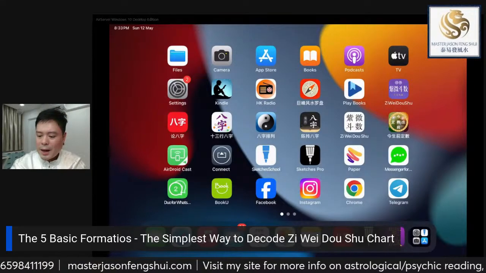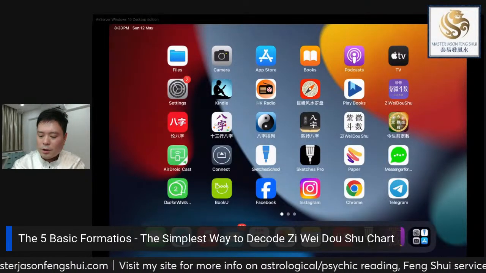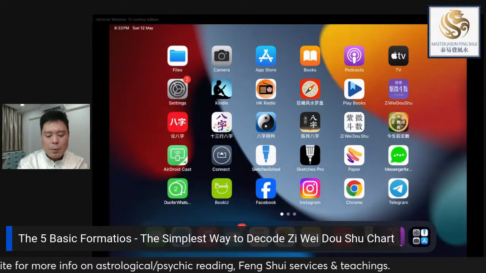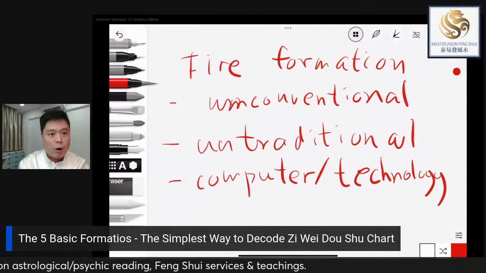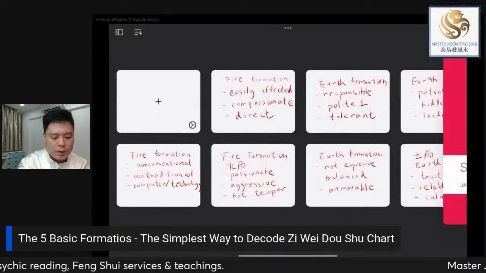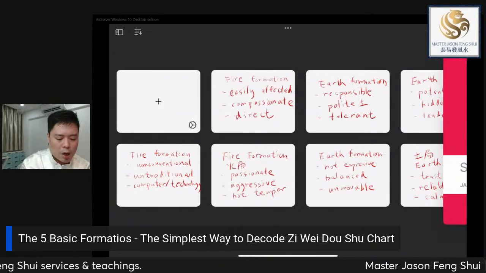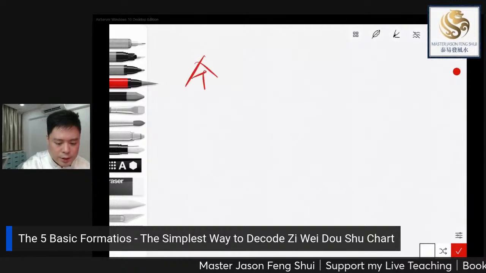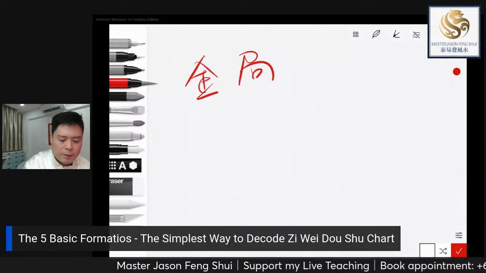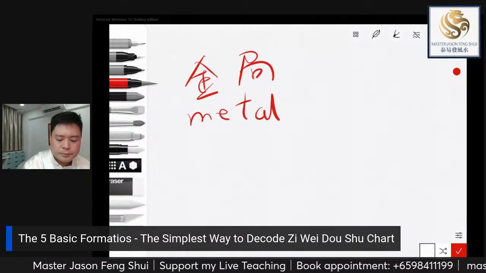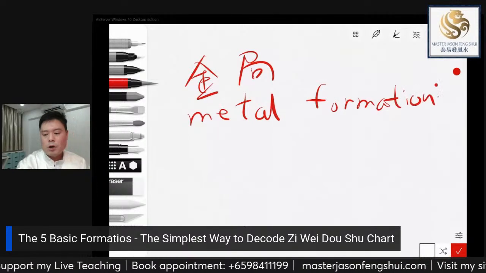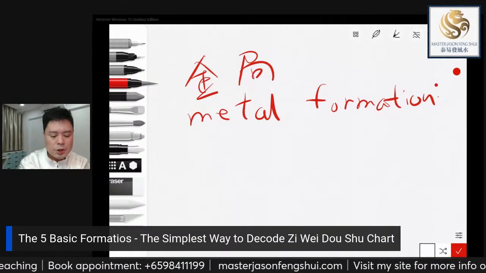Metal is called a 金局. People who are born with the metal formation, 金局, are usually very stubborn.